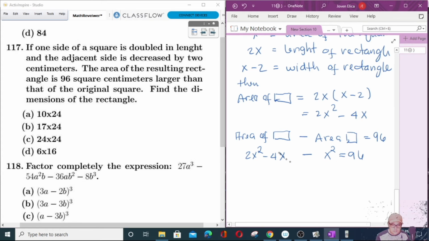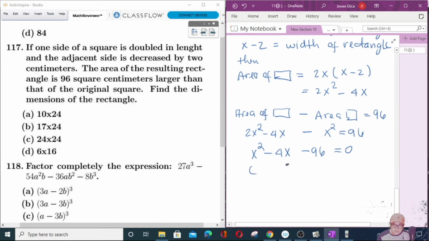So therefore, let us simplify this one. This will become 2x squared minus x squared is x squared, minus 4x, and then transpose 96: minus 96 is equal to 0. So this is a quadratic equation.